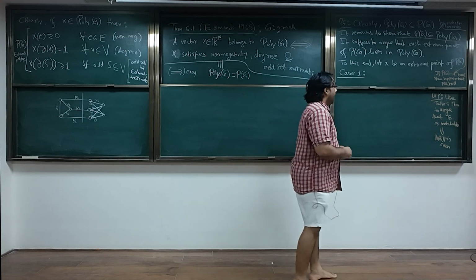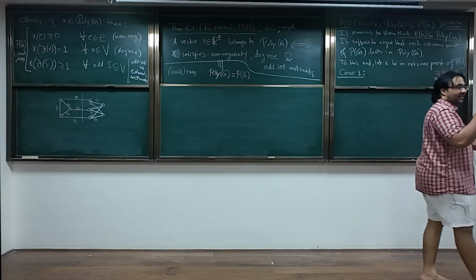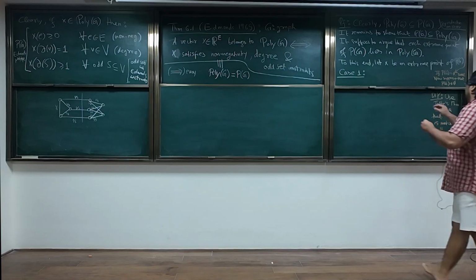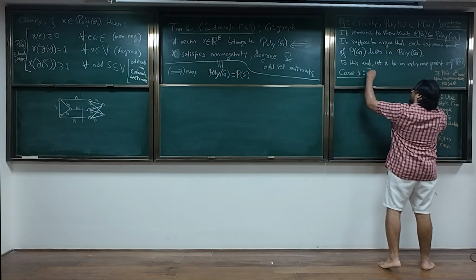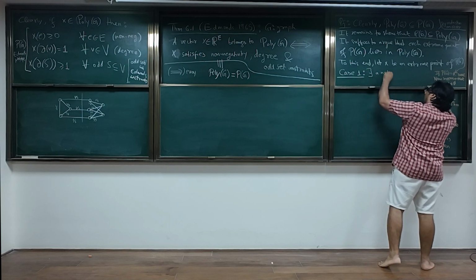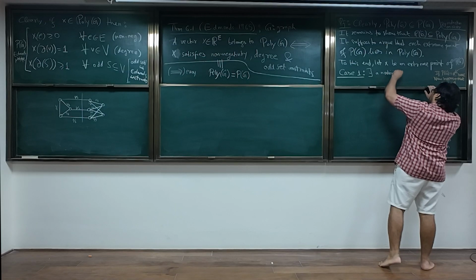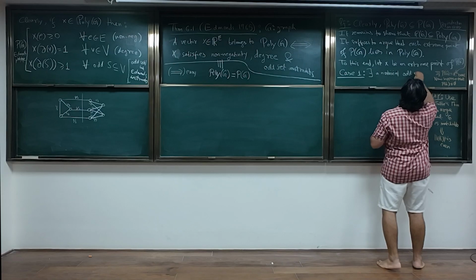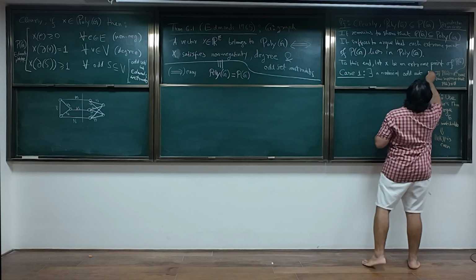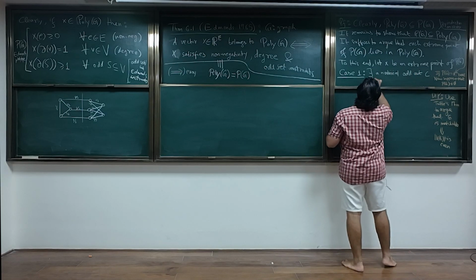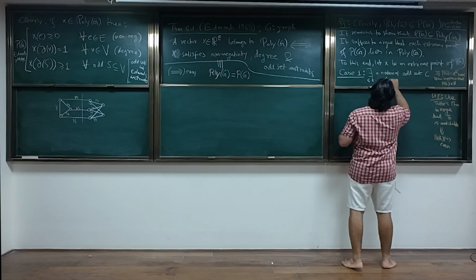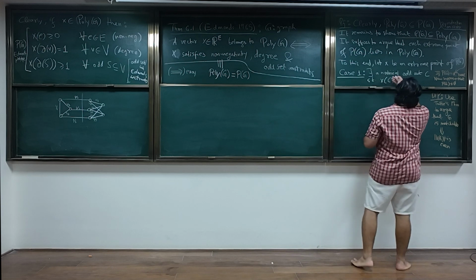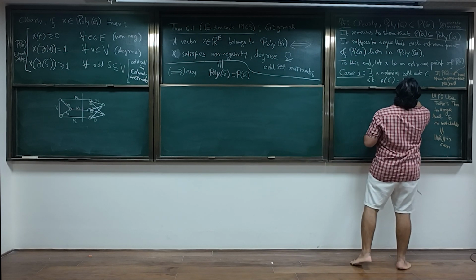Okay. Case 1. There is a non-trivial odd cut where the sum is equal to 1. There exists a non-trivial odd cut C such that x of C, the sum of all the components corresponding to C, is equal to 1.